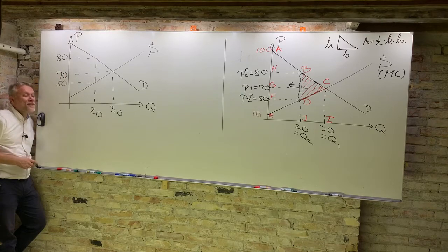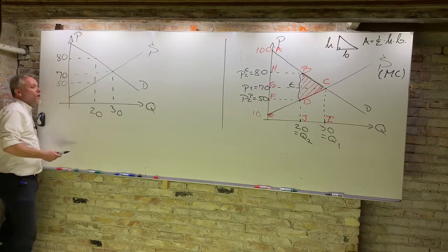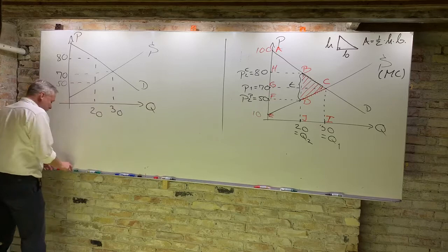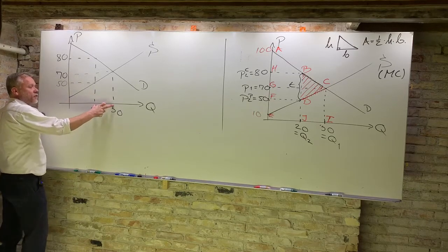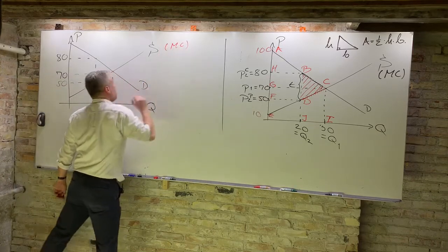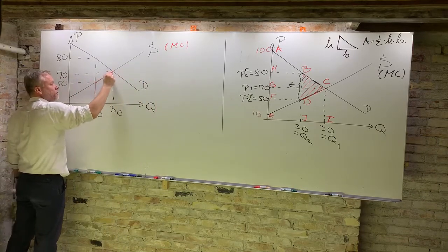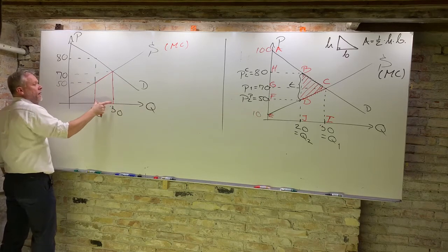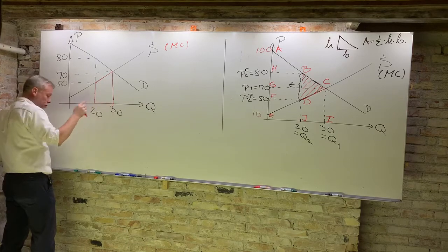So we need to teach you something that will actually work. And what will work is that you look between the 2 quantities at the area underneath the marginal cost curve. And then you also remember that this really corresponds to how much it costs to produce those 10 units.